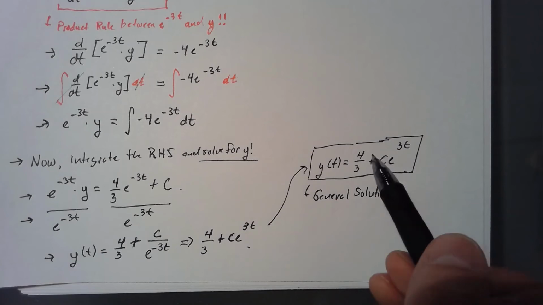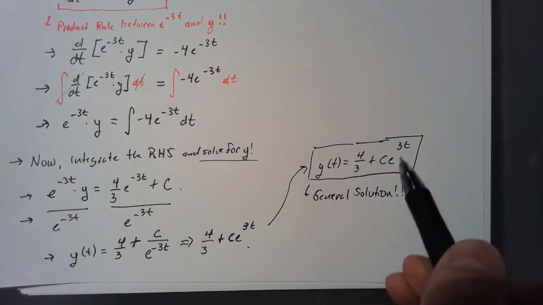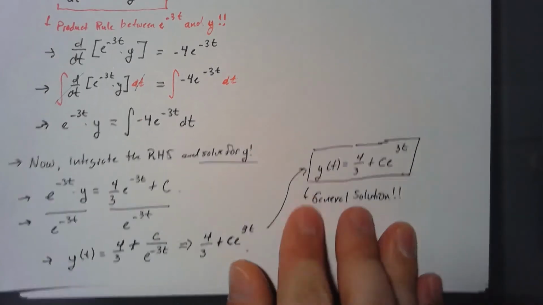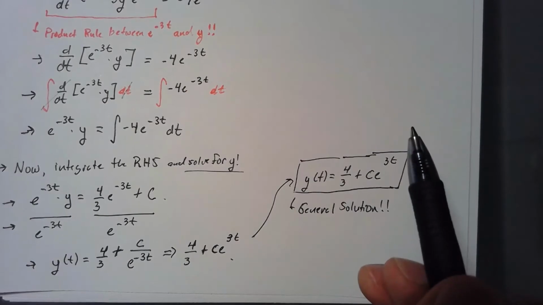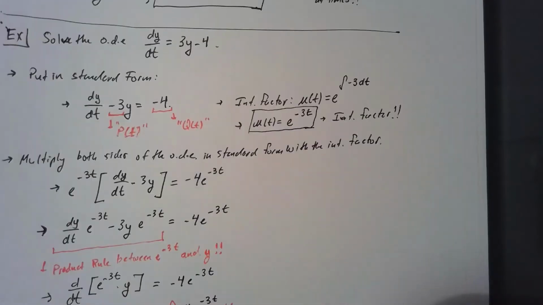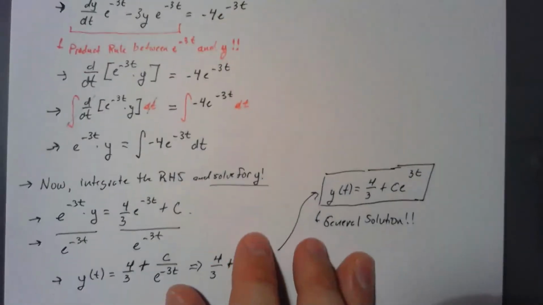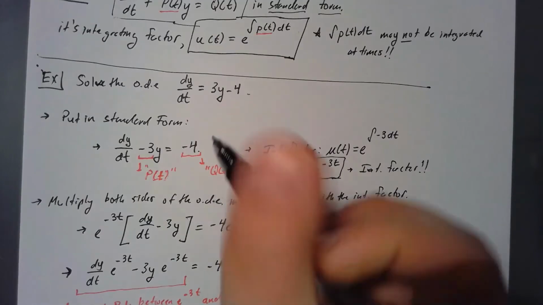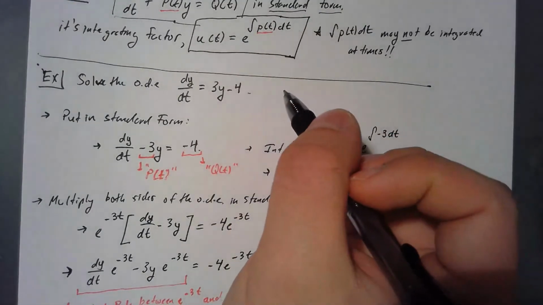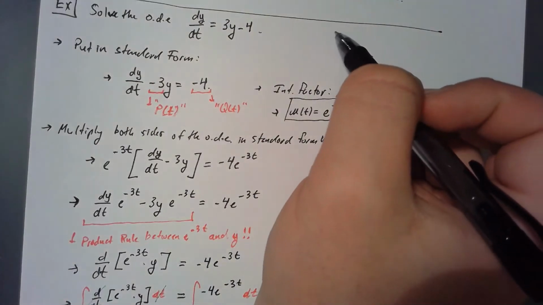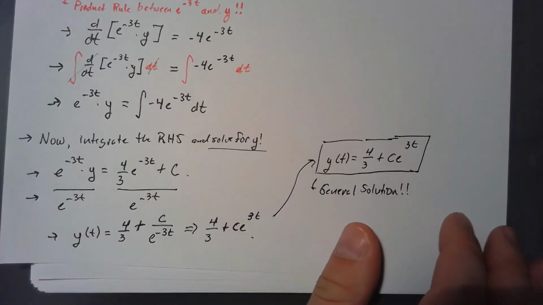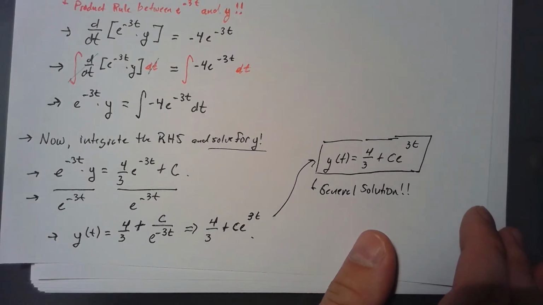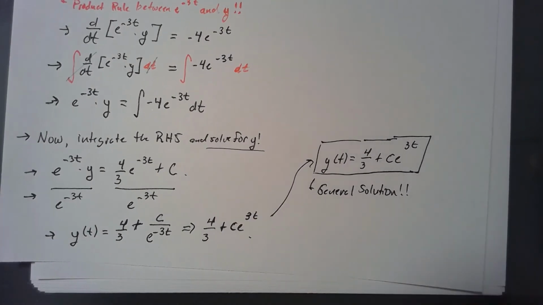So if you made c any number, all those different functions you get would represent all the functions that satisfy this differential equation. But if I wanted to find a specific function, I would need an initial condition. And remember, a differential equation with an initial condition is called an IVP, an initial value problem. And we're going to look at an example like that.